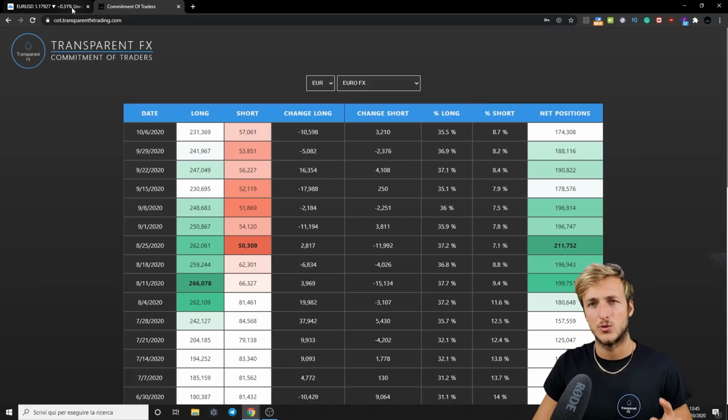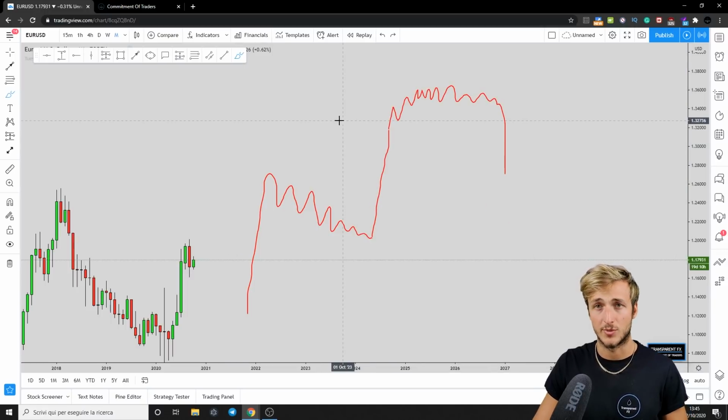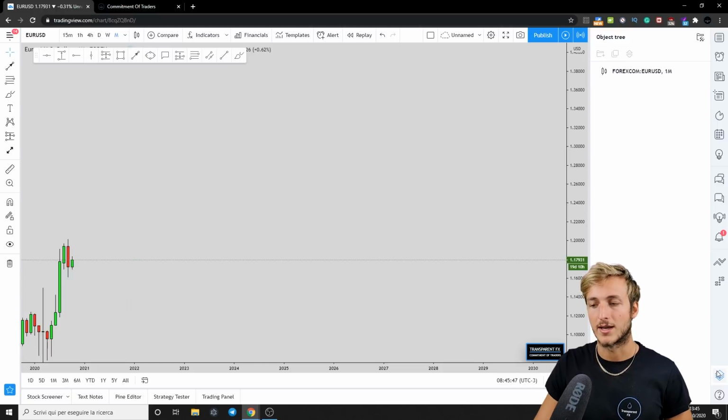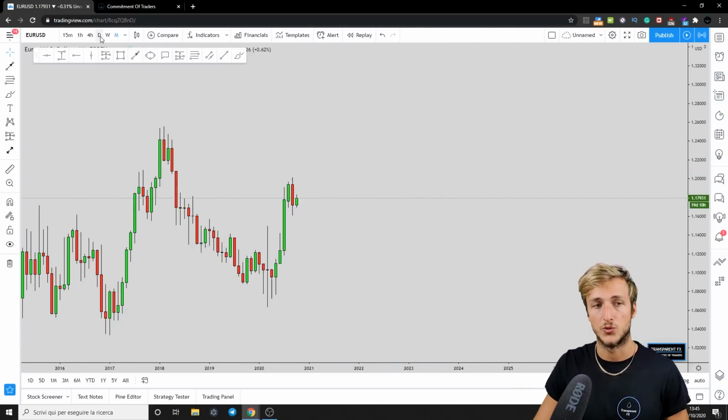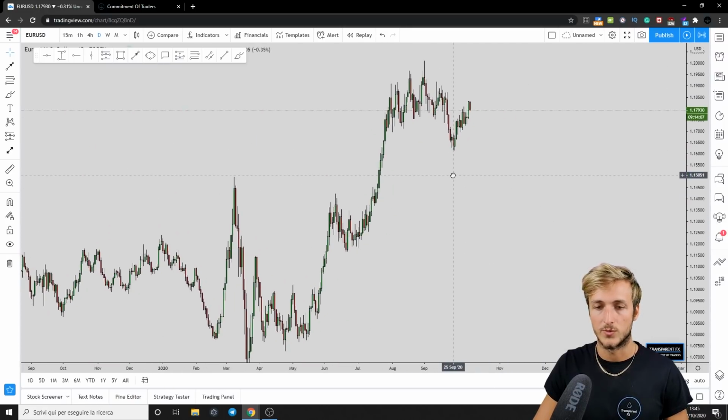And by the way, I will do it in a smarter way because I will use the version of the COT data that I have directly on chart so that I can easily explain to you on chart what was happening. So let's delete everything and let me explain the phases that the market has been creating here on Euro USD.